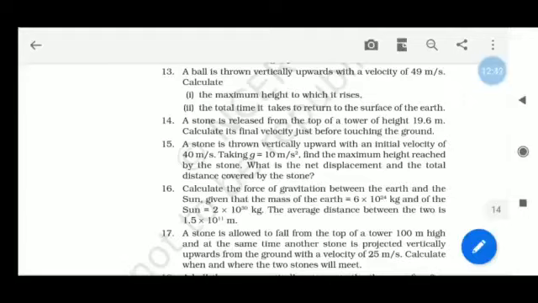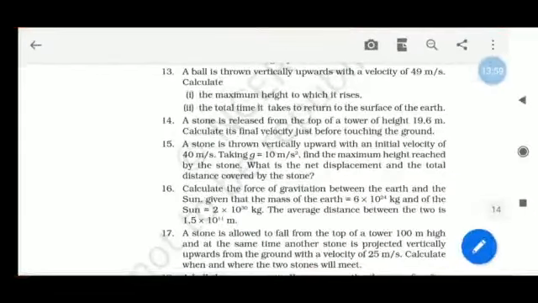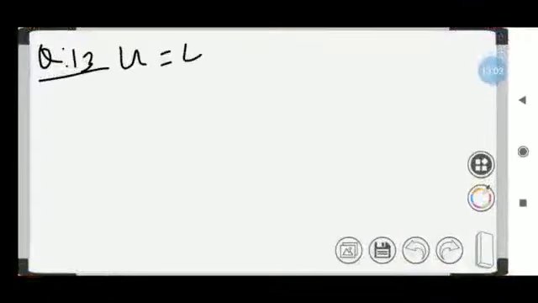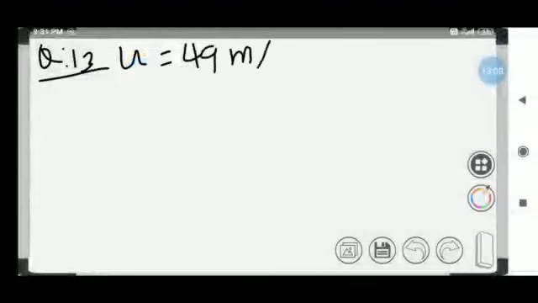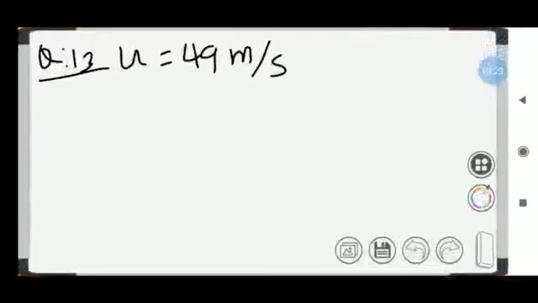So the ball is thrown with some velocity, so u is given. The problem mentions a ball thrown vertically upwards with a velocity, so the initial velocity is 49 meter per second. Next, what are the things asked? They asked the maximum height and the total time it takes to return to the surface of the earth.